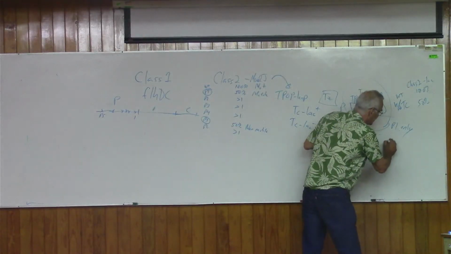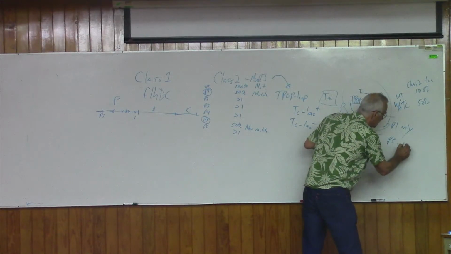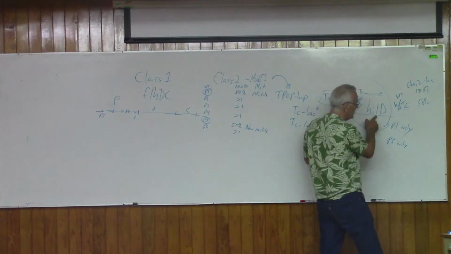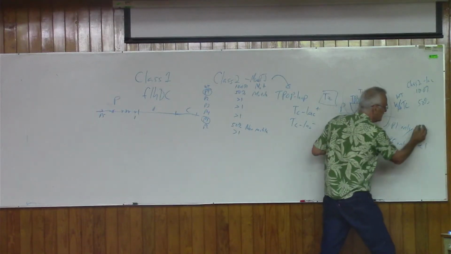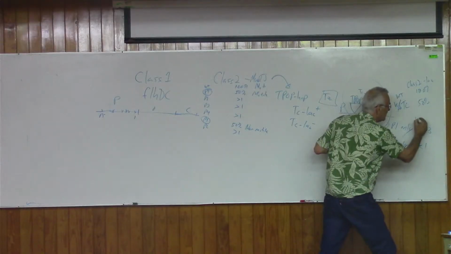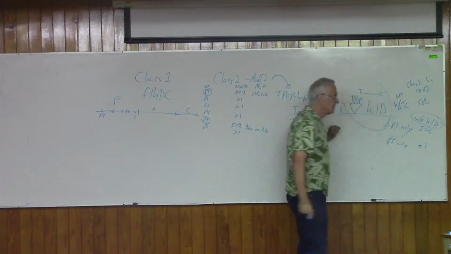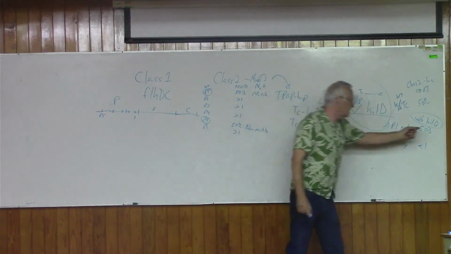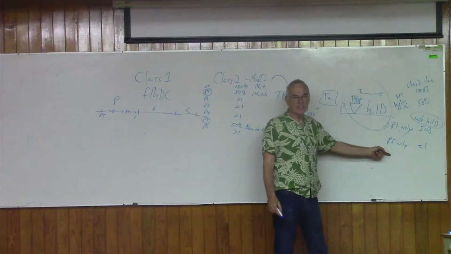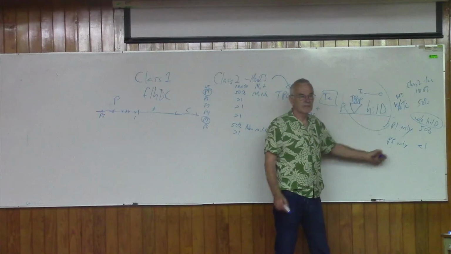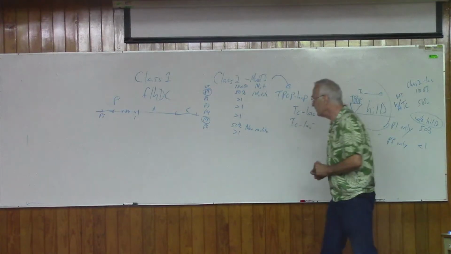P1 only versus P5 only. Without HIL-D, that's 1%. So without TAP. So that suggested that the HIL-D was actually turning on the P5 promoter. And that led us to look at that.